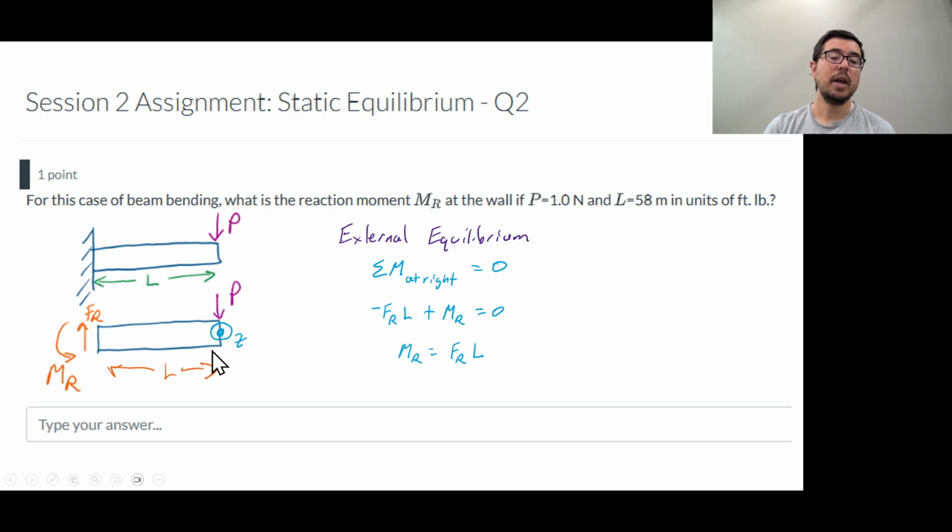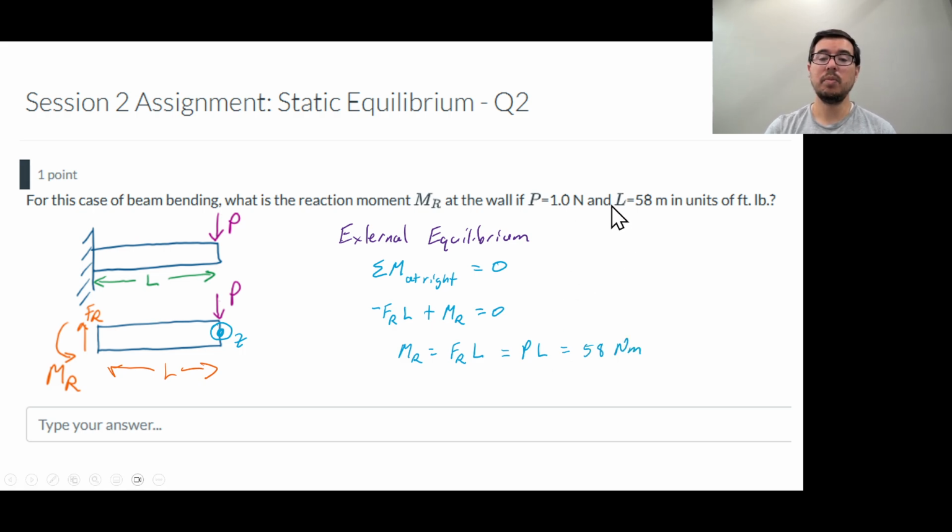Now, what is Fr? We skipped external equilibrium on the forces, but we see there are only two forces here. And if we said that Fr were positive and P were minus, or vice versa, we would see that Fr and P balance each other, which means that Fr becomes P, and this becomes PL. Now, we can perform some substitutions.